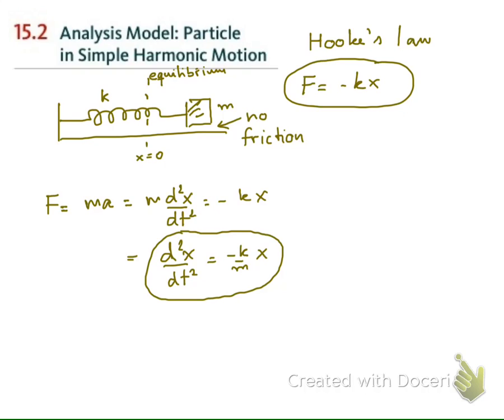You can see from this equation that we need a function of x that, when differentiated twice, gives the same form back. When we differentiate x with respect to time twice, it gives x back with a constant in front, this minus k over m.